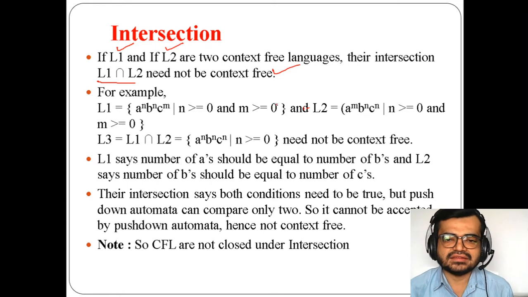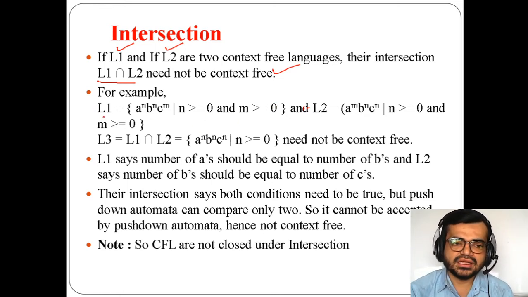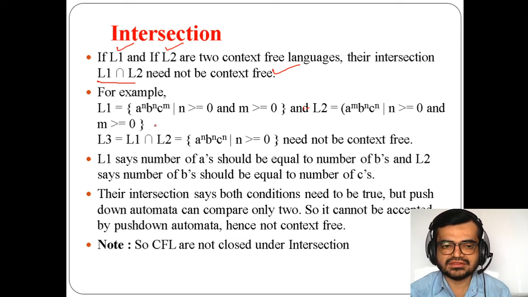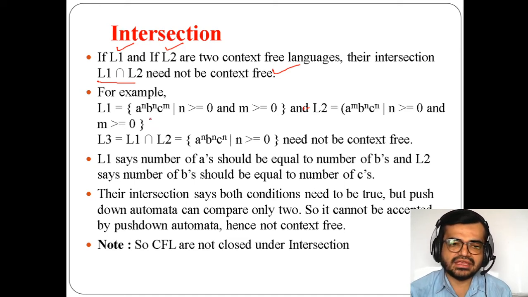How? We'll take one example. Let us assume L1, the same example which we have seen previously. Here we have an equal number of A's and B's and a different number of C's for L1. Similarly for L2, I have an equal number of B's and C's, but I don't have an equal number of A's.